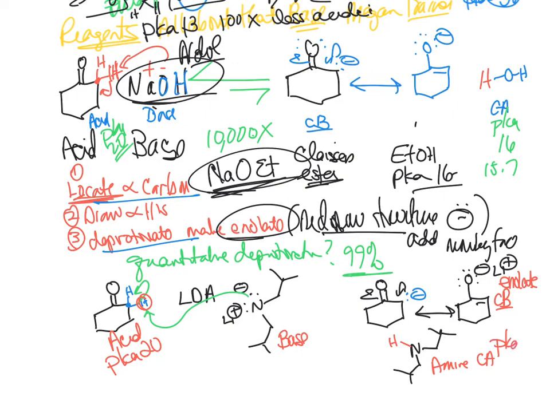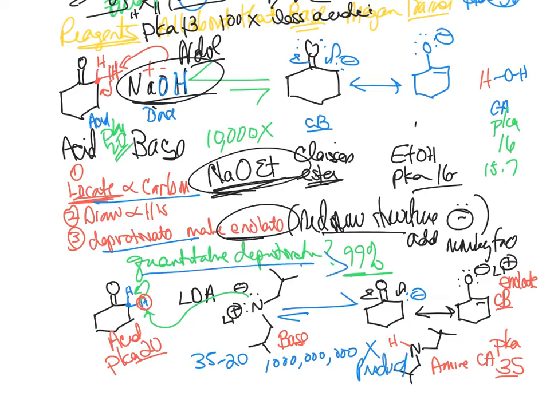What's the pKa? 35 or 36. So between 20 and 35, yes, it's going all the way to the product. 35 minus 20 is about 15. So it goes towards your product. We would call that quantitative deprotonation, greater than or equal to 99%.